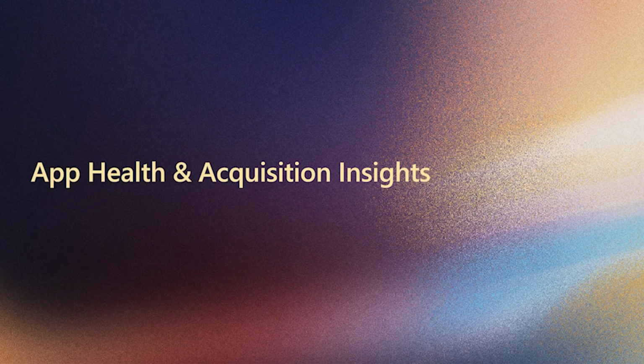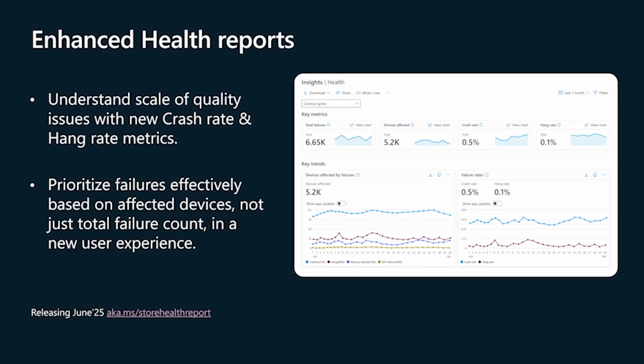Shifting again, let's now explore how we're enhancing developer insights with powerful new analytics capabilities in Partner Center. We're releasing a major revamp of the health report in Partner Center. To provide a clearer understanding of your app's stability, we're introducing two new metrics, crash rate and hang rate.